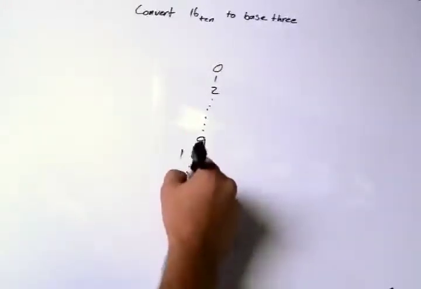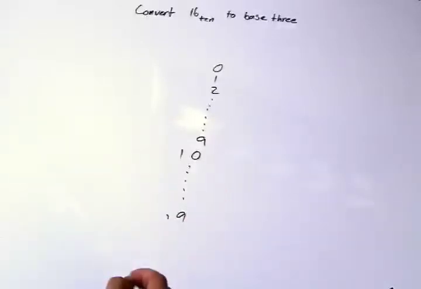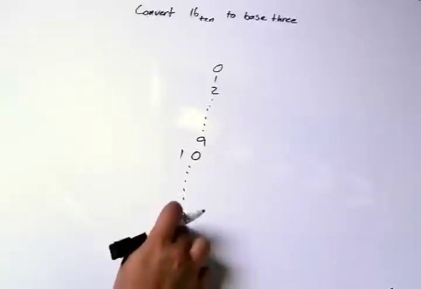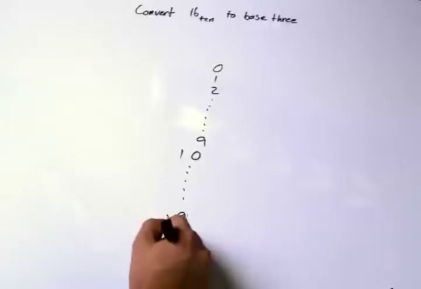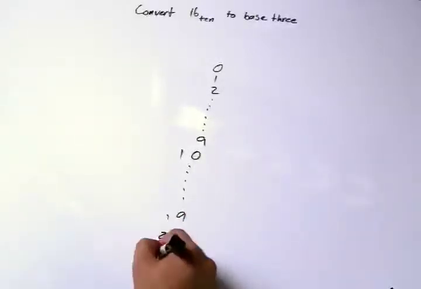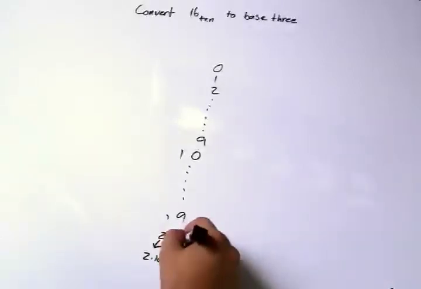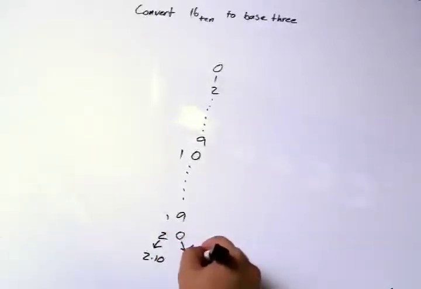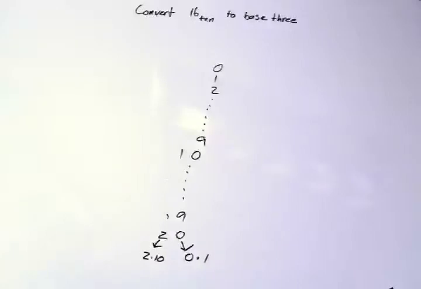If I was down here at 19, it would repeat that same process where this goes back to 0 and the next one increases by 1, where this represents 2 groups of 10 and this represents 0 groups of 1. So that's the idea of a base system.